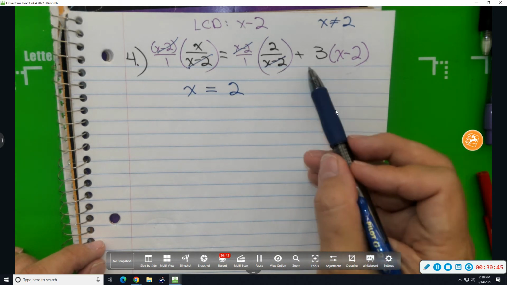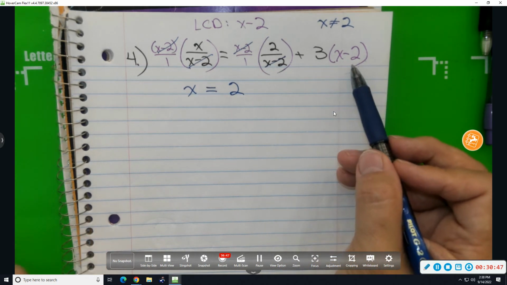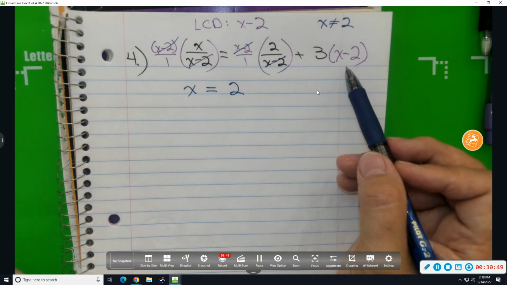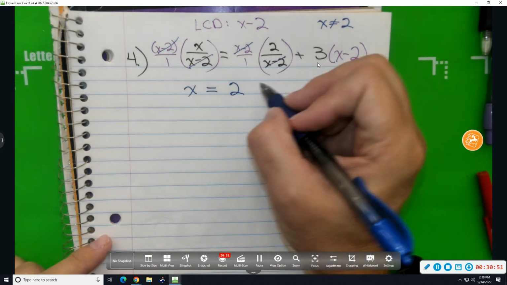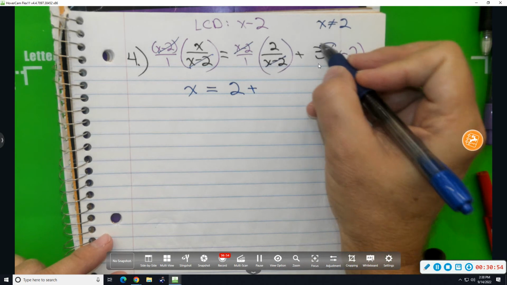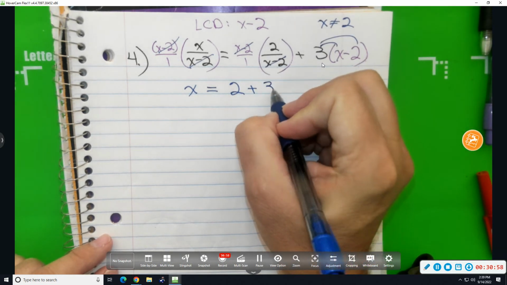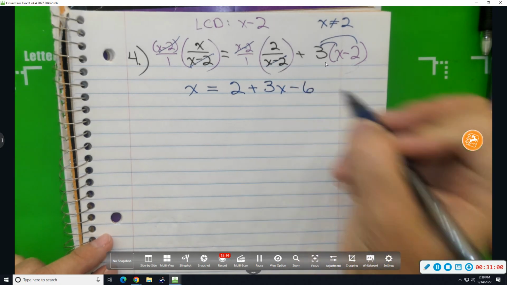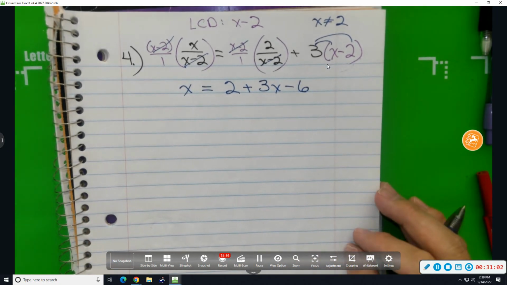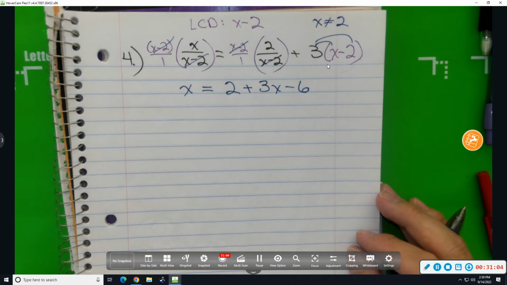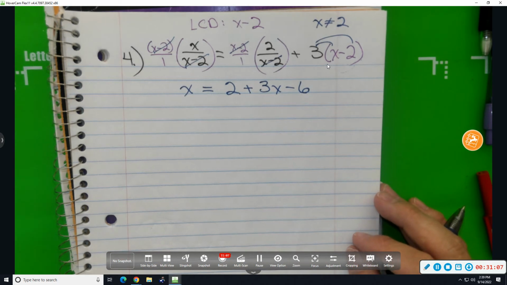What are you going to do to get rid of those parentheses? Starts with a D. Distribute to give me plus 3x minus 6. It's not quadratic, and we need to get all the x terms on the same side.